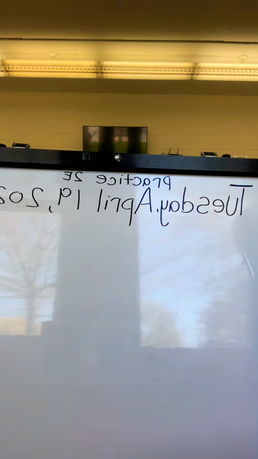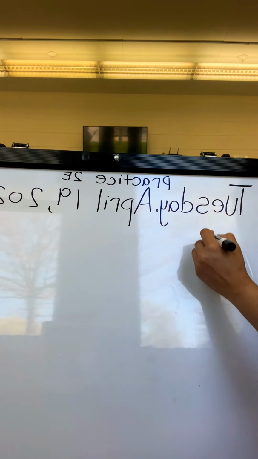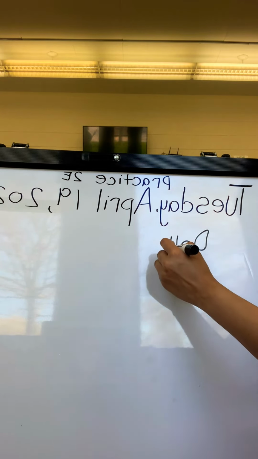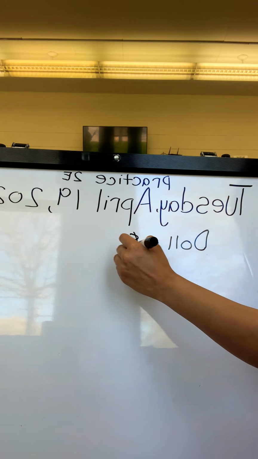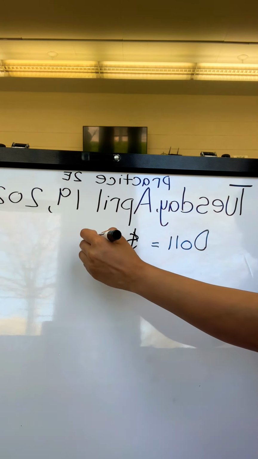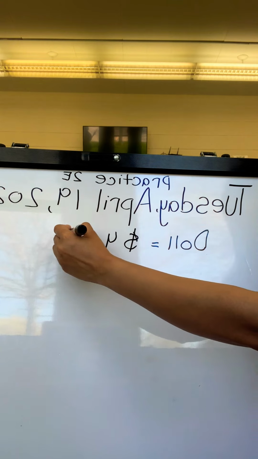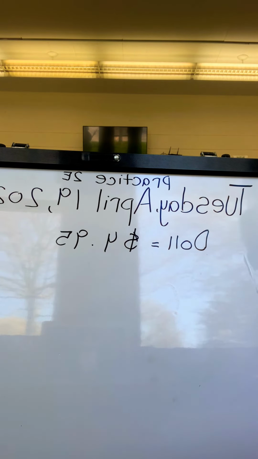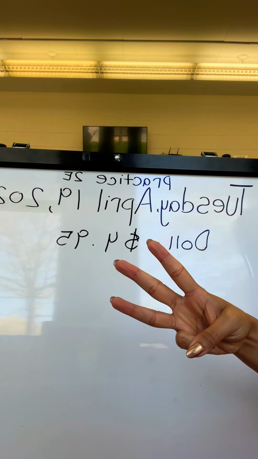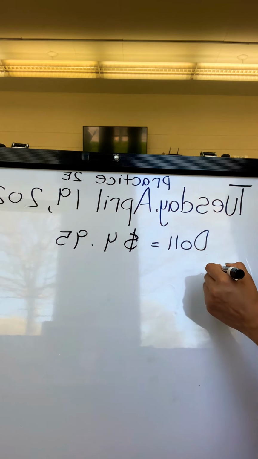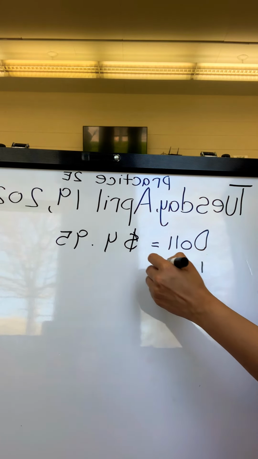Okay, so a doll costs how much? A doll is equal to $4.95, right? We need to find the cost of the robot. They're saying a toy robot costs 3 times as much as the doll. That means imagine there were 3 dolls: 1, 2, 3.